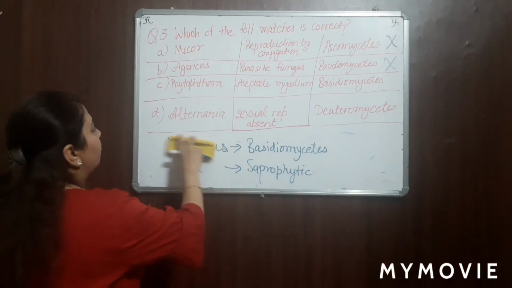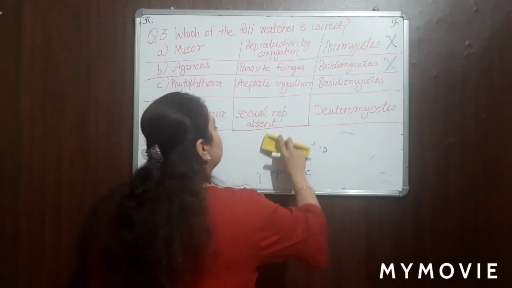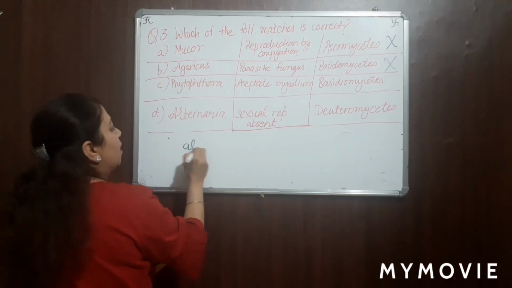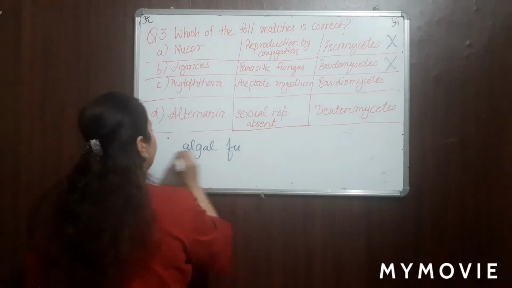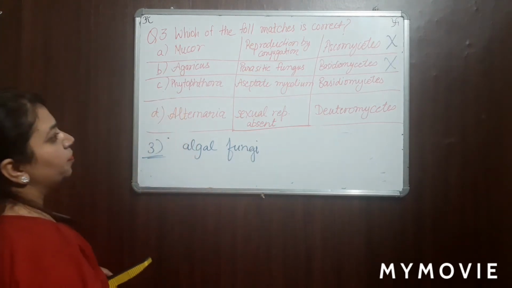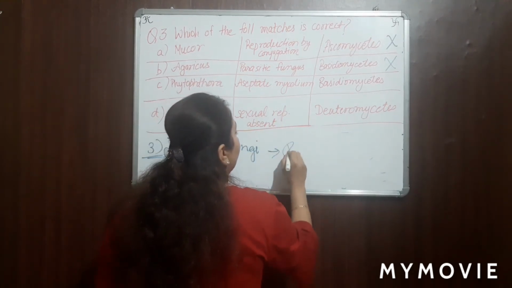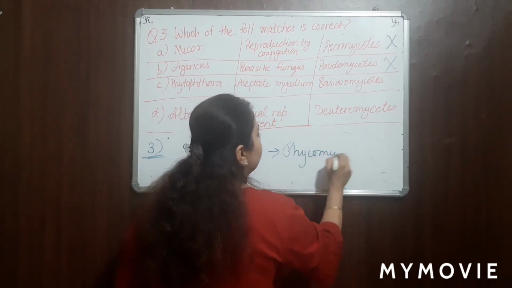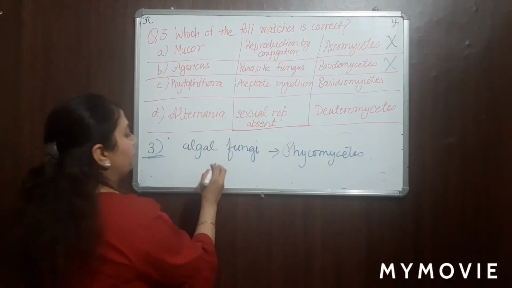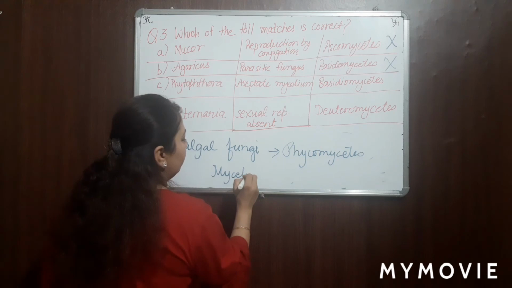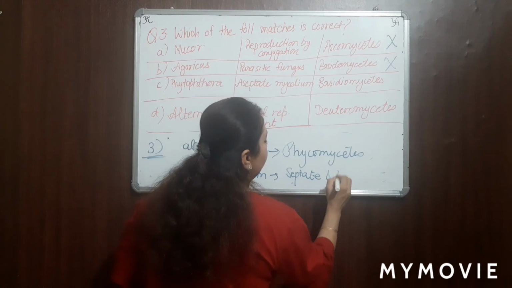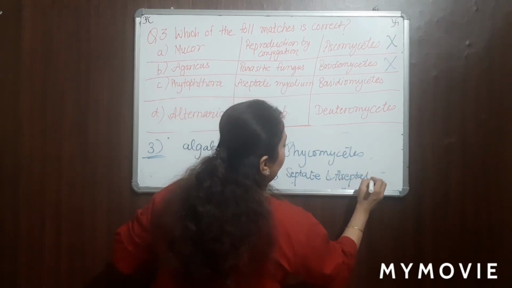Now the third one is Phytophthora. Phytophthora is algal fungi and it is phycomycetes, not basidiomycetes, and its mycelium is septate and aseptate both.